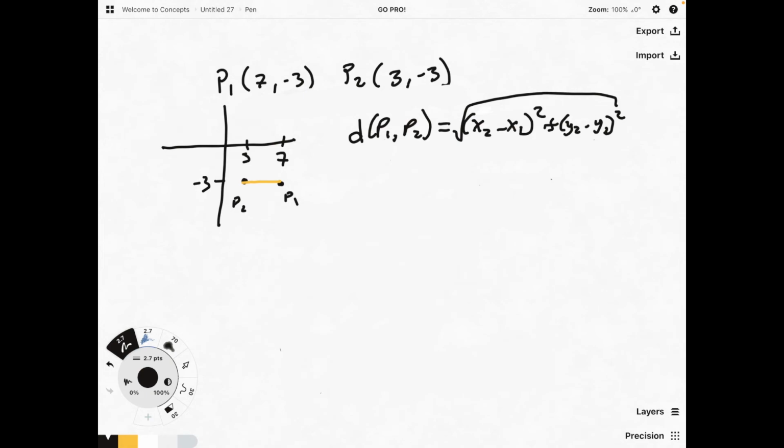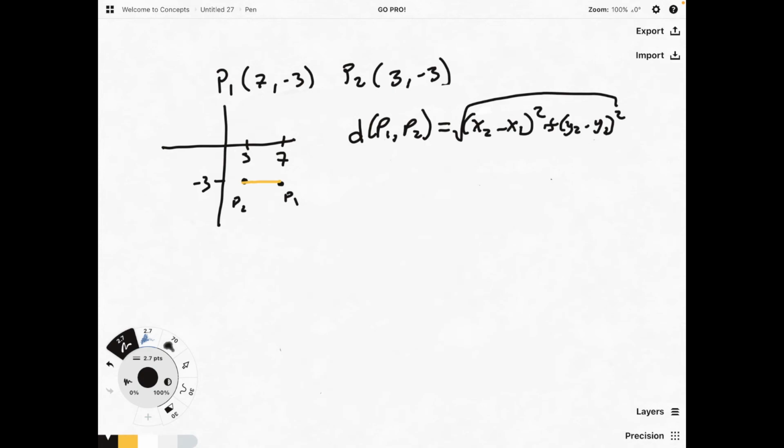Just so you know, it doesn't matter which point is P1 or P2. If you keep the x coordinates and the y coordinates consistent in the equation, it doesn't matter which point comes first or second. But because these are already labeled P1 and P2, let's just use those so we don't get confused.